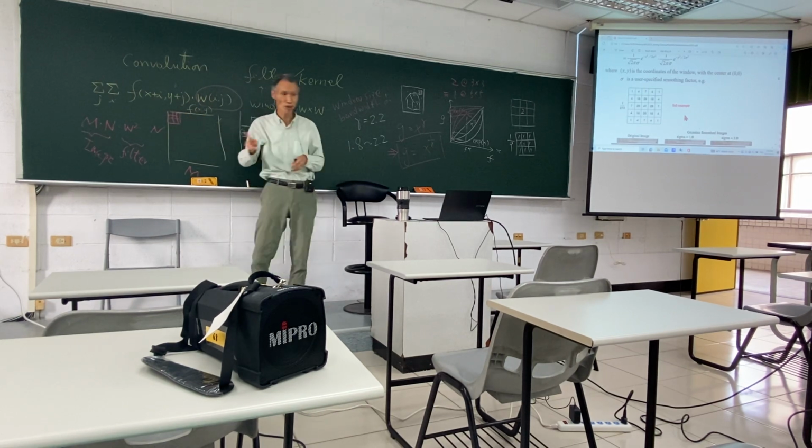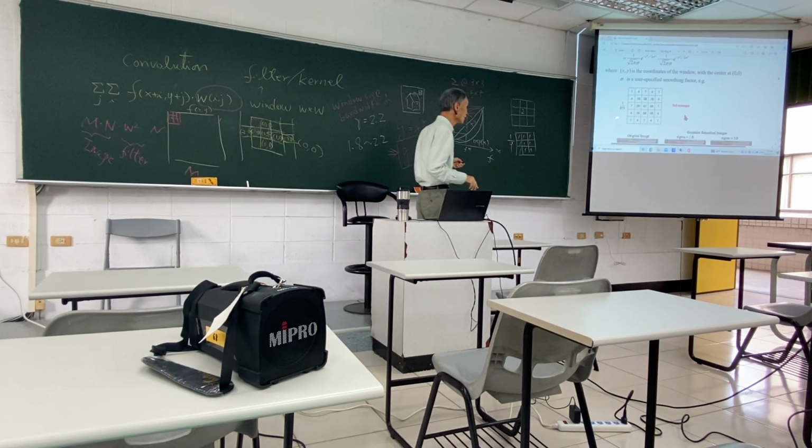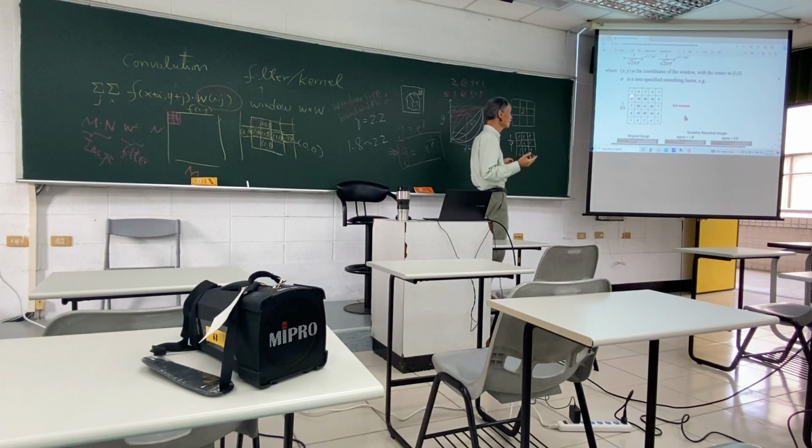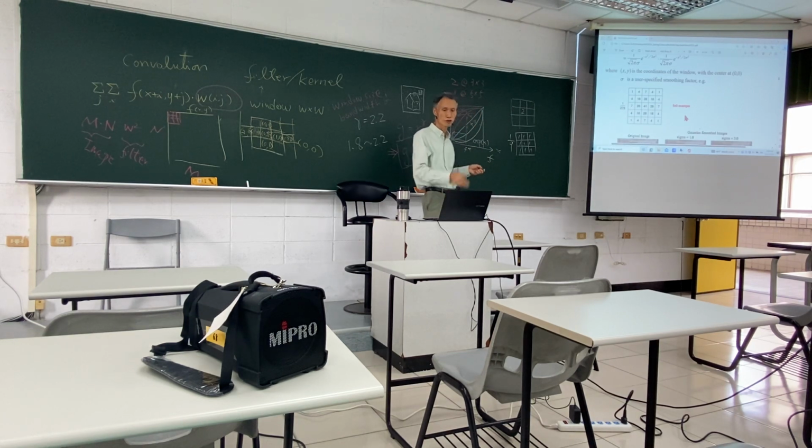That's the only reason why you see only integers here. But actually, if you go for this original equation, it cannot be integer, but we can round to the nearest integer number.